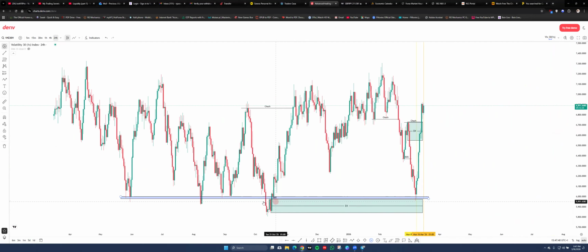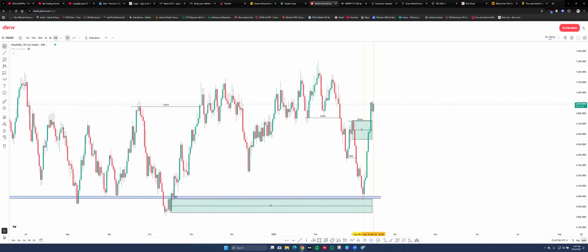All right. And again, we notice this whole push broke out from a high, although we got this reversal at this other block here. The reversal came down to this other block here.